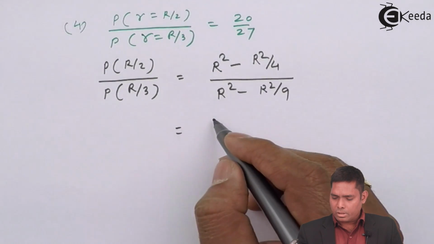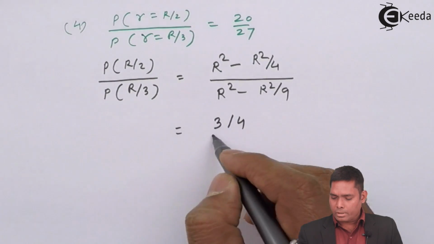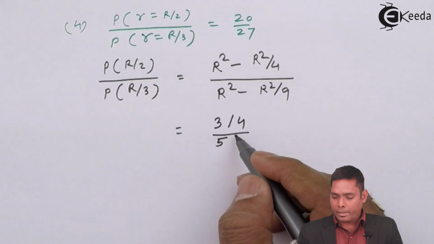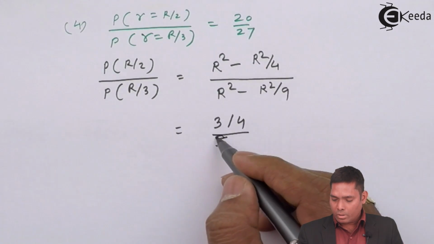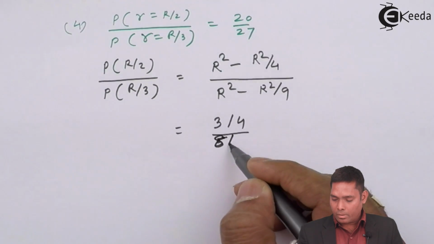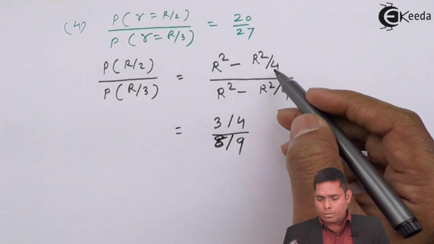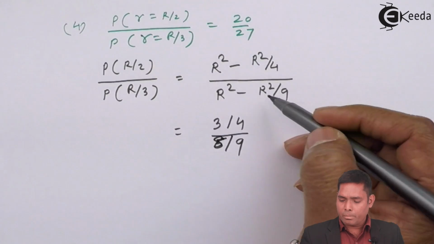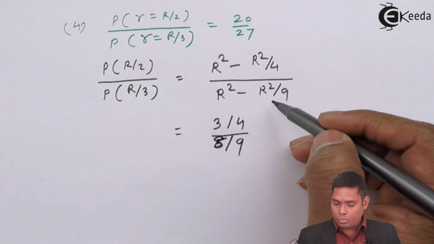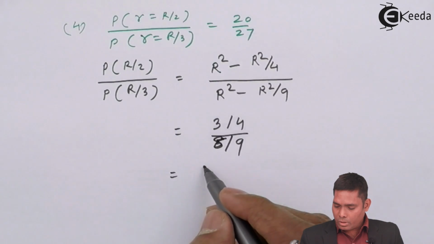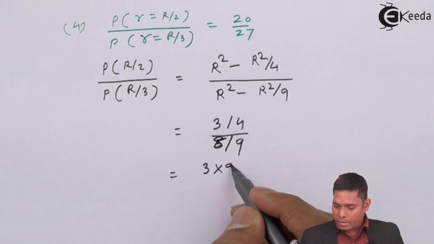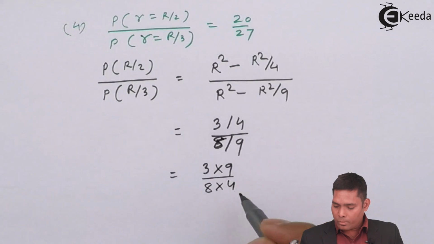R square cancelling, this is 3 by 4, and this is 9 minus 1, that is 8 by 9. This is 4 minus 1, 3 by 4, and this is 9 minus 1, that is 8 by 9. So this comes out to be 3 into 9 divided by 8 into 4.